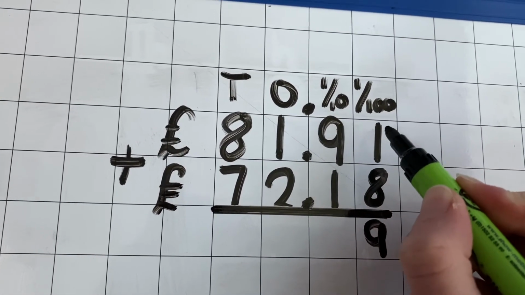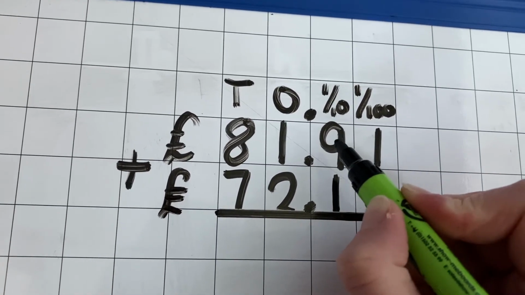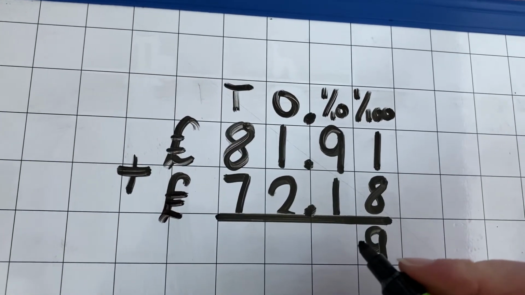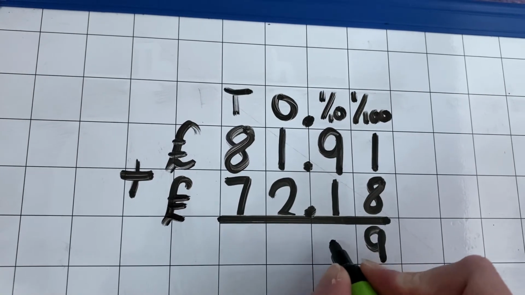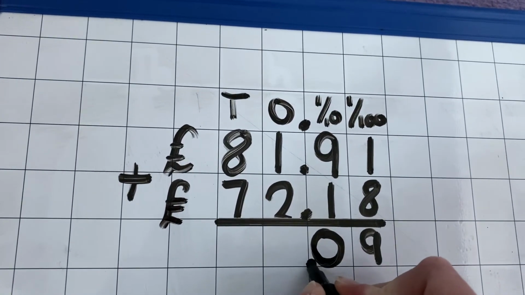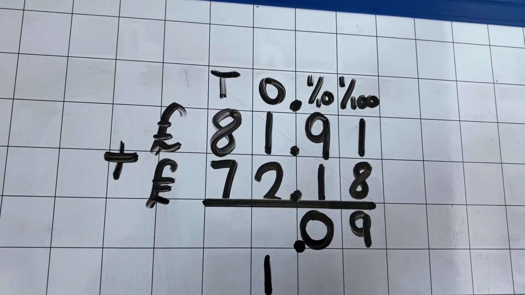So 1 hundredth add 8 hundredths is 9 hundredths. 9 tenths add 1 tenth will make a whole, which means 1. Therefore, we will need to make an exchange. Don't forget our decimal point, and put our 1 underneath here.